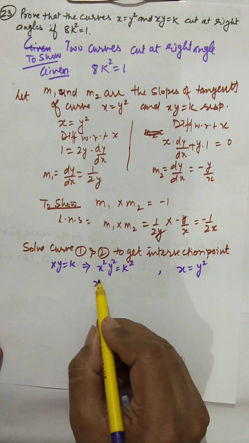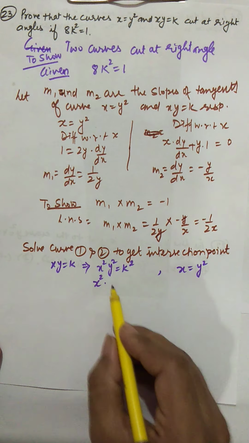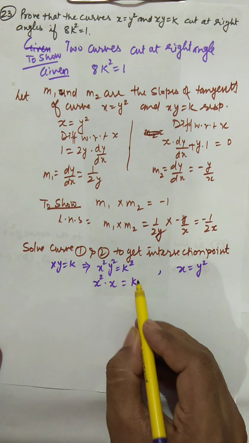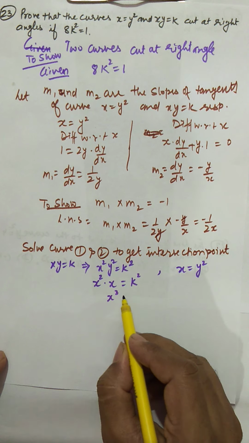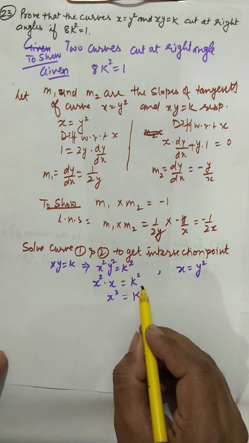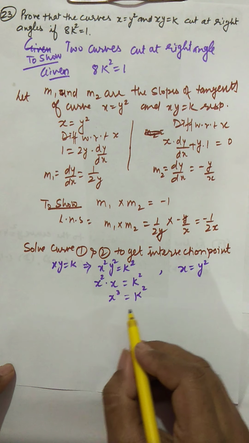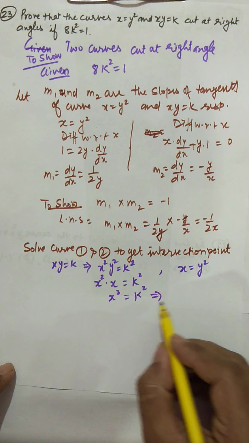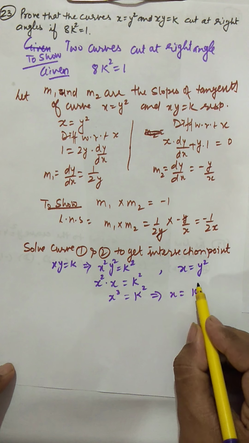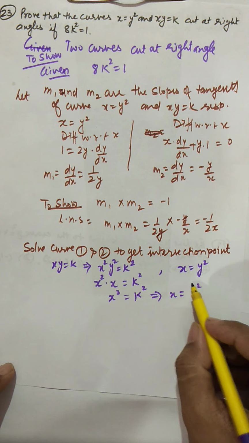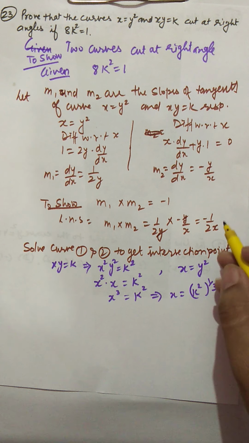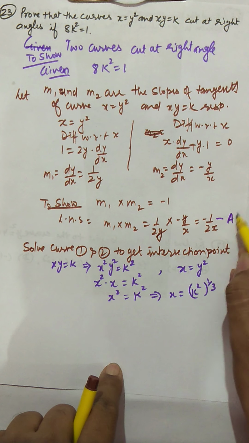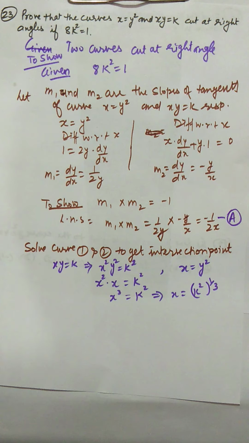So x square into y square, where y square is also x, equals k square. So this is going to be x cube equals k square. Now your x will be k square to the power 1 by 3. This is the value of x now, because you have to put it in your main equation to prove that this is equal to minus 1.